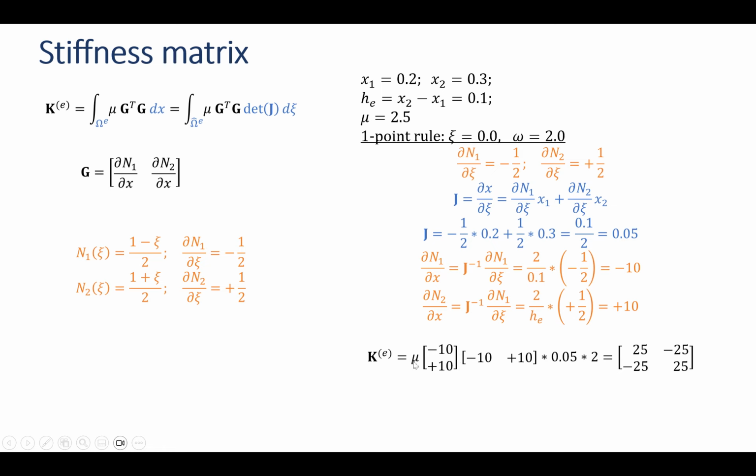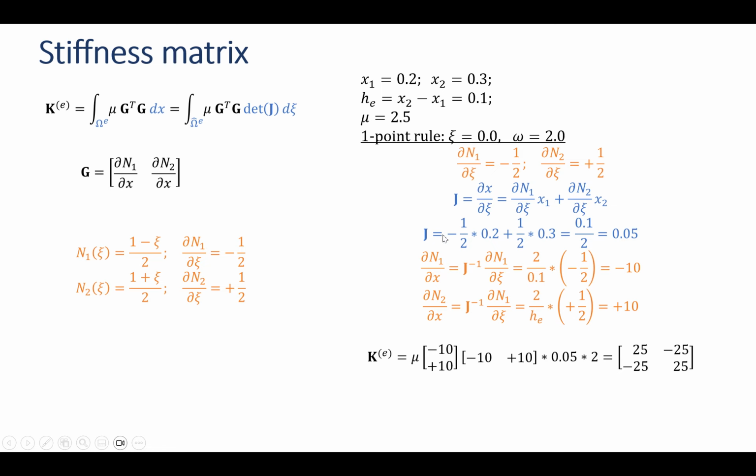Okay, mu is 2.5. Okay, and this is the Jacobian, and w is the weight. Okay, once we substitute for mu 2.5 and evaluate everything, we get a 2 by 2 matrix with this coefficient. This is exactly what we calculated using the analytical expression.